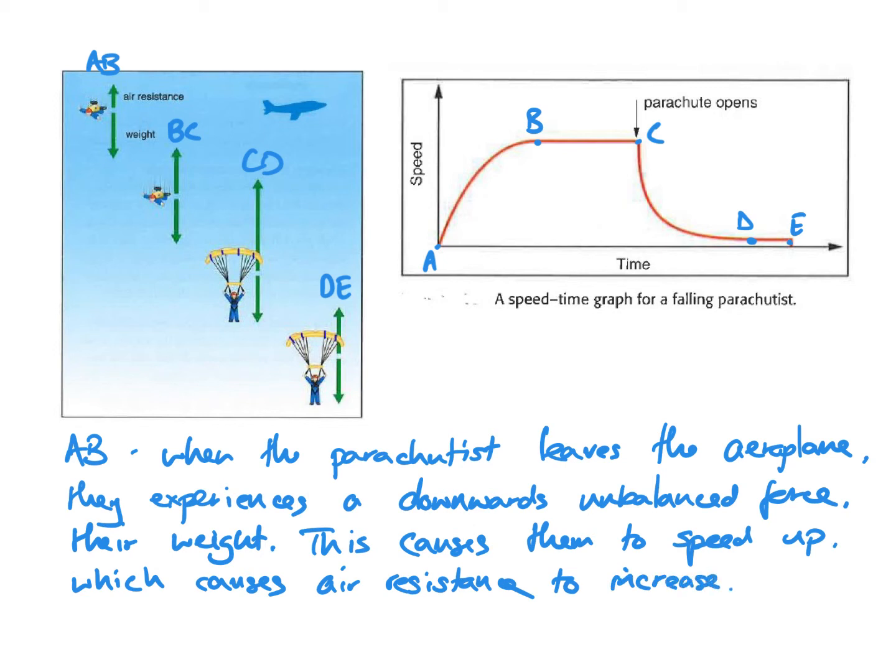So between A and B, it's accelerating downwards, right? They're accelerating downwards, but their acceleration will decrease. It's a decreasing acceleration, and we can see that from the graph because the graph is getting less steep. Okay, so this is the only kind of non-constant acceleration that we'll look at in the higher course.